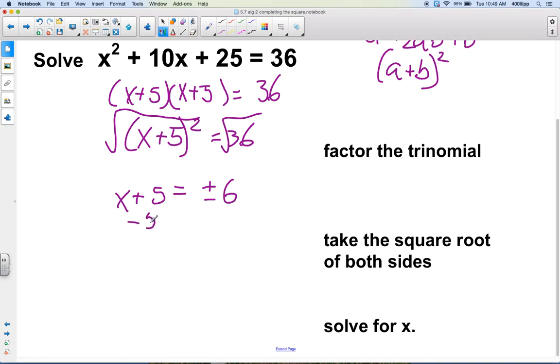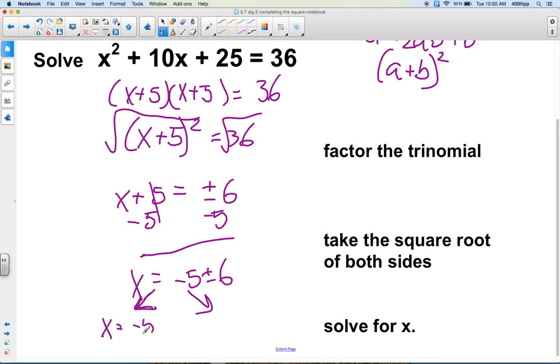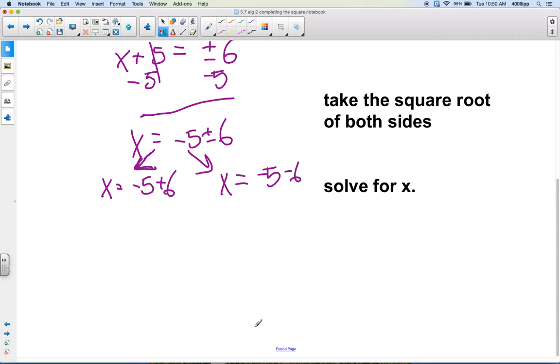So we'll subtract 5 from both sides here, and we get x is equal to negative 5 plus or minus 6. So let's just break this up here: x will be equal to negative 5 plus 6, and x will be equal to negative 5 minus 6.